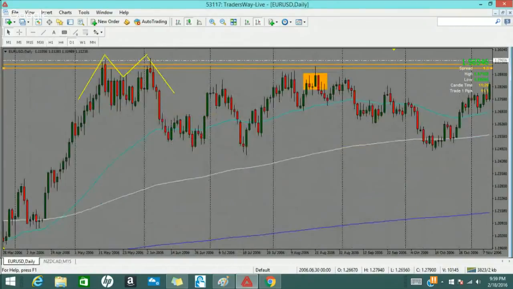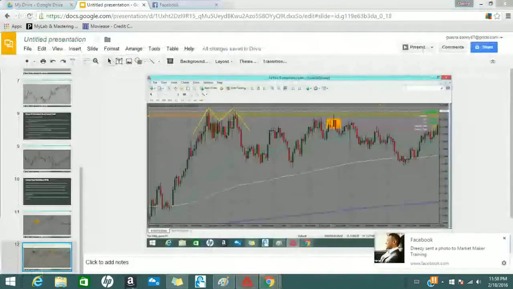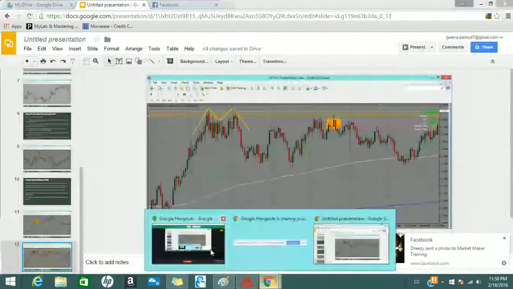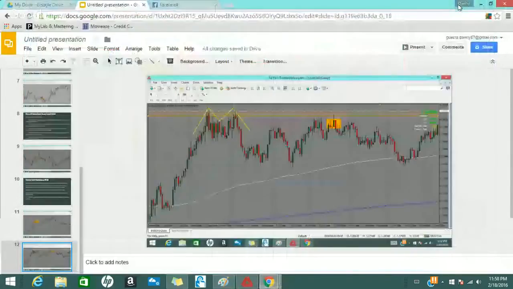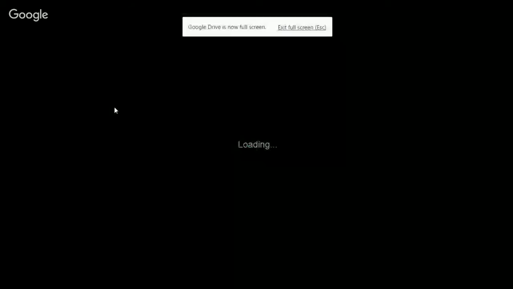Now here's the M formation, okay? Now traders got trapped on the M formation because they thought the market was going long. One second. Just want to make sure everybody is still good to go. All right, M formation.